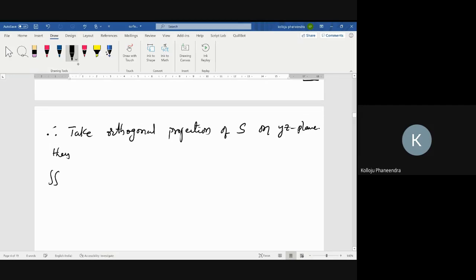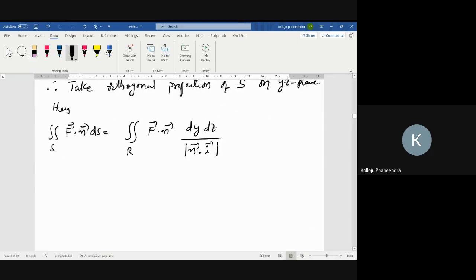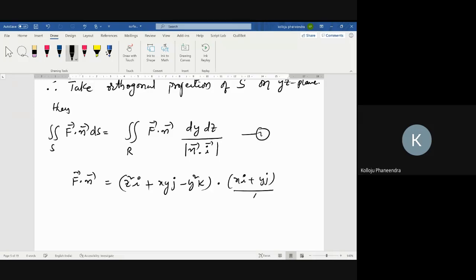Then the surface integral formula is the double integral over S of F bar dot n bar dS equal to the double integral over R of F bar dot n bar dy dz divided by n bar dot i bar, since for the YZ plane the vectors are j and k. Let me calculate one by one. F bar dot n bar, taking this as 1: z square i plus xy j minus y square k dotted with n bar, which is (xi plus yj)/6.